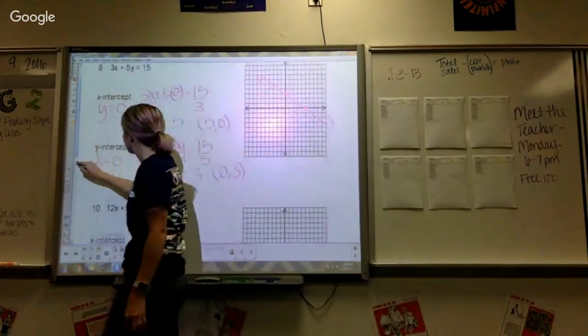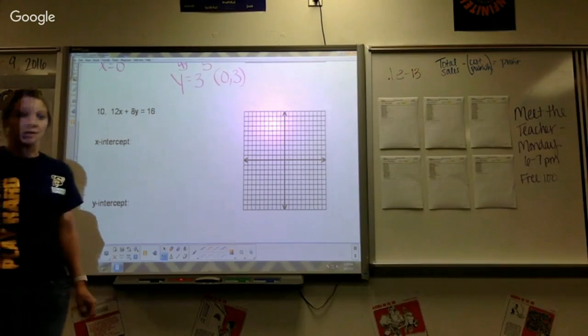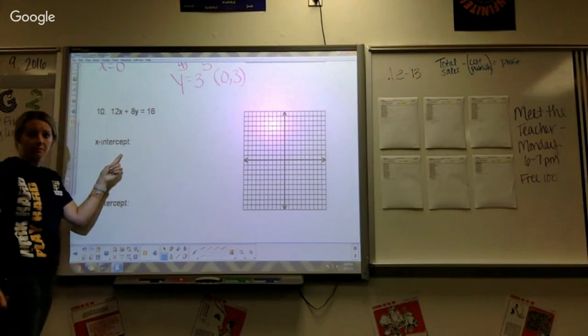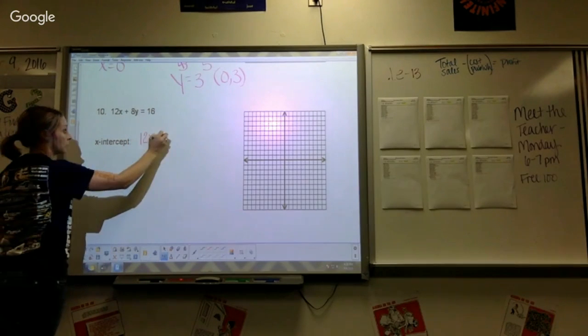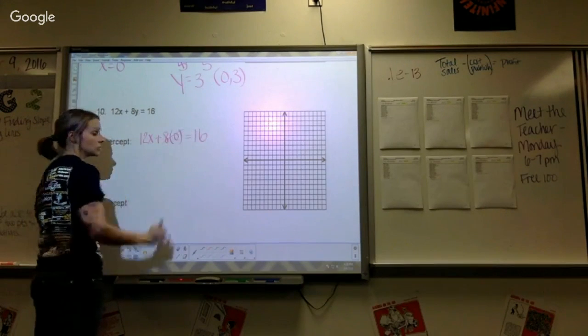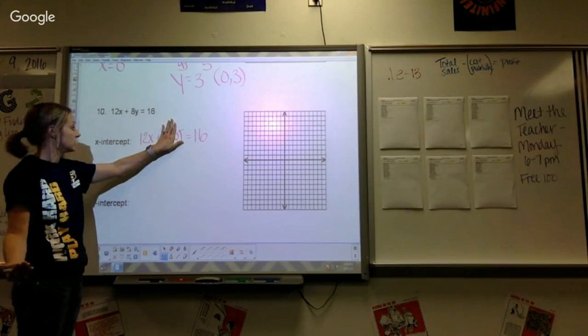Okay, last one. Notice it's in standard form. We still want to use the intercept method. So remember, x-intercept, y value 0. So write your equation, y is 0. You can just cover that y up because it's gone. It's just a 0.